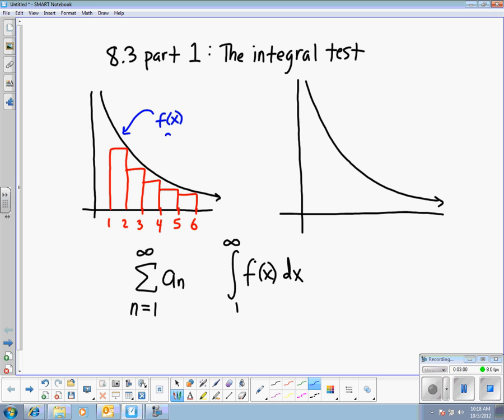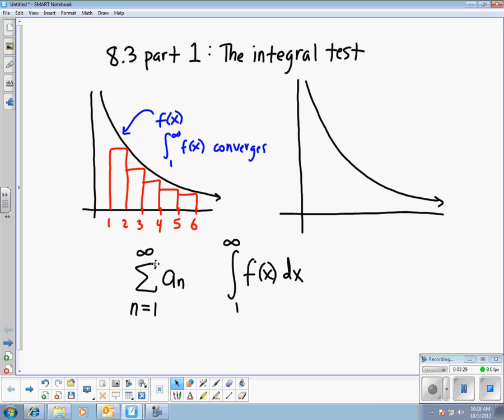Let's say the integral from 1 to infinity of f of x converges, which means that the area underneath the black curve from 1 to infinity adds up to a finite amount. This is what we were doing in that one section in chapter 7 on improper integrals. Well, if I know that that area underneath the black curve converges, then it makes a lot of sense that the terms of the sequence would also converge.